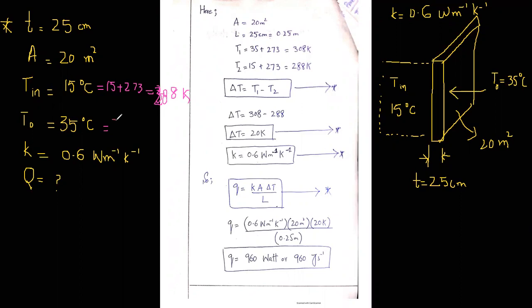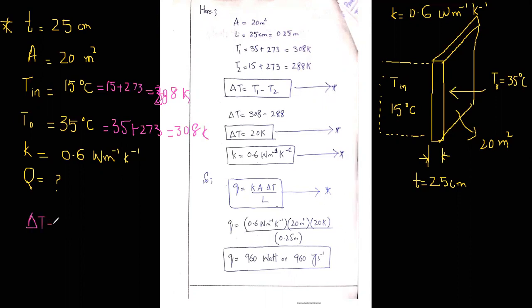And 35 plus 273 must be equal to 308 Kelvin. Now first we have to find the delta T.